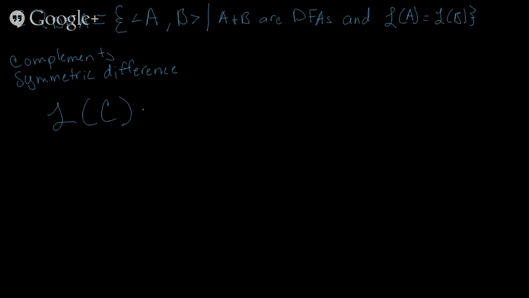So C is either going to equal the null or empty set, or it's going to equal something else. I won't give you too many hints, but the thing I did want to say about this problem is that in order to do it, you need to do some emptiness testing.